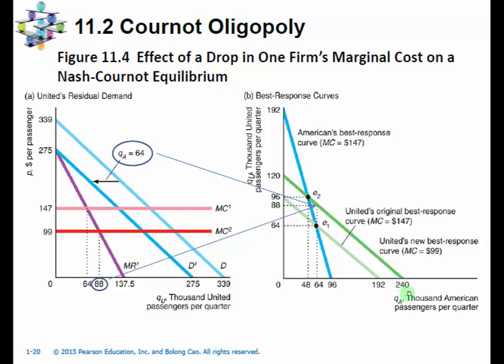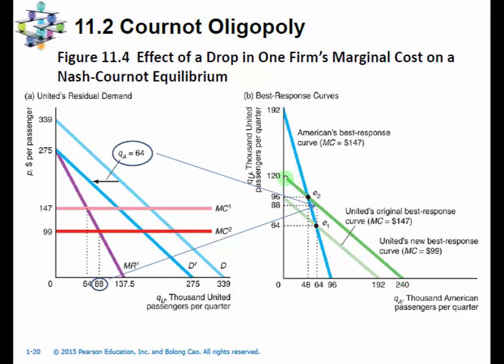So if United Airlines supplies one more unit to this market, the price will become $98, and that will be below the $99 marginal cost for United. So when American Airlines supplies 240 units into the market, the profit maximizing decision for United is actually to produce nothing, and set its own quantity at 0.